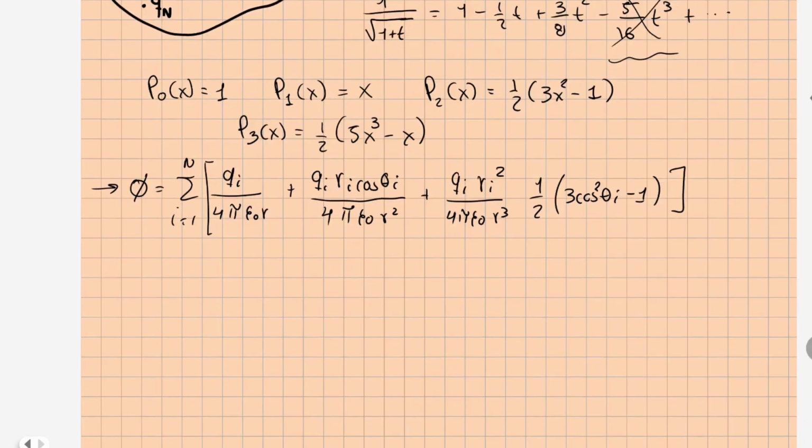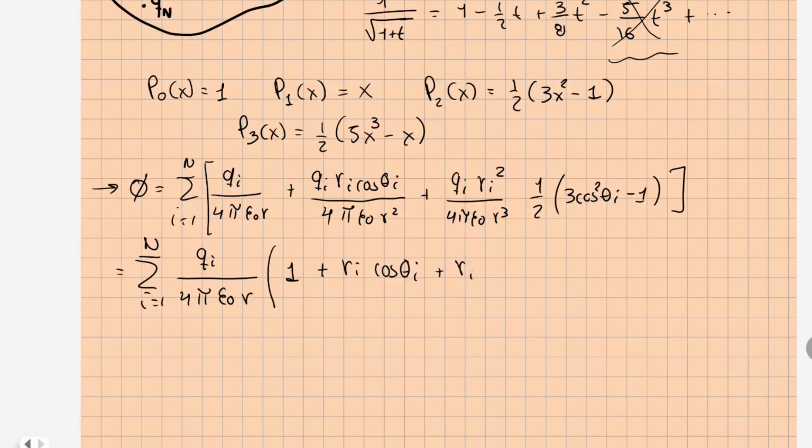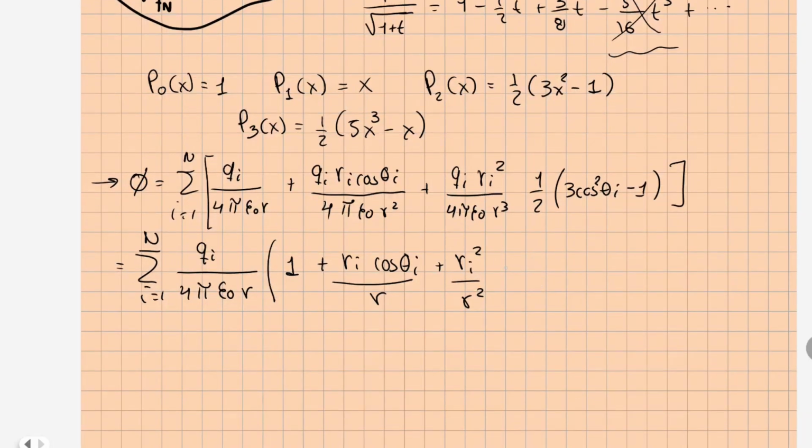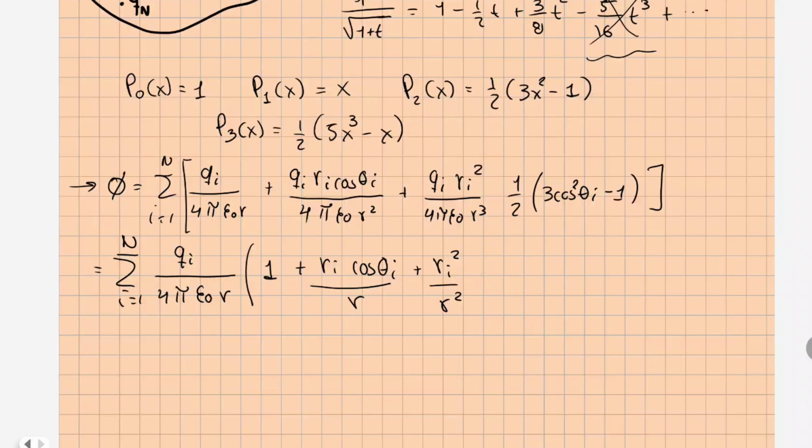Okay, we can take a common factor here, the sum from i equals 1 up to n of q_i over 4 pi epsilon 0 r times 1 plus r_i cosine of theta_i over r, plus r_i squared over r squared times 1 over 2 times 3 cosine squared of theta_i minus 1.